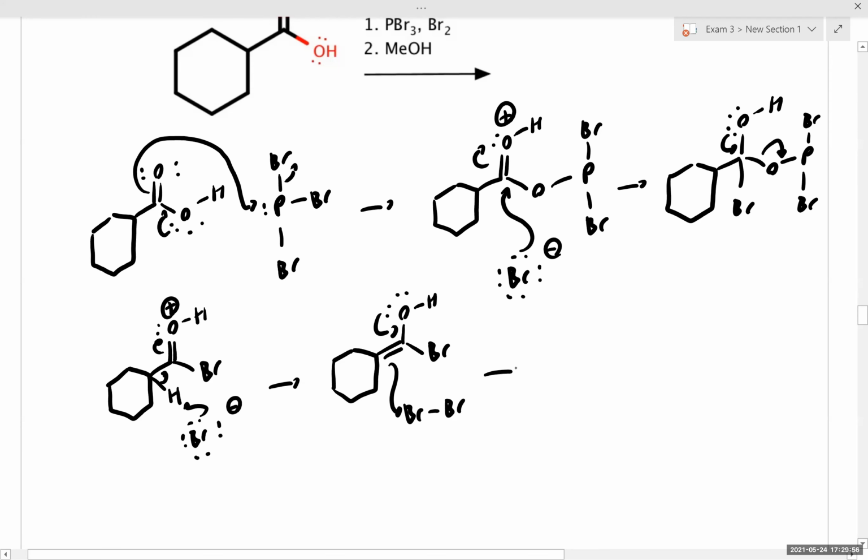From here, that in turn is just going to generate our alpha brominated acyl bromide, which can then be deprotonated to yield our alpha bromo acyl bromide.